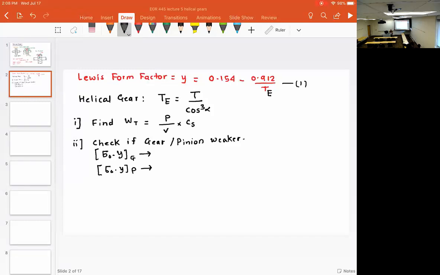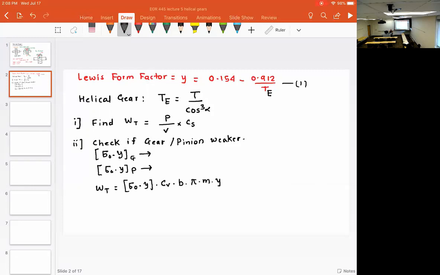So the Lewis form factor that we are going to use should be found for the helical gear. Then we have WT, and we equate that with sigma O multiplied by Y multiplied by the velocity factor Cv multiplied by B multiplied by pi multiplied by M multiplied by Y for the helical gear.